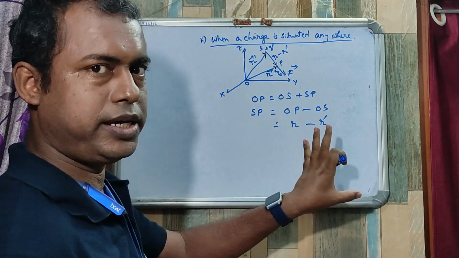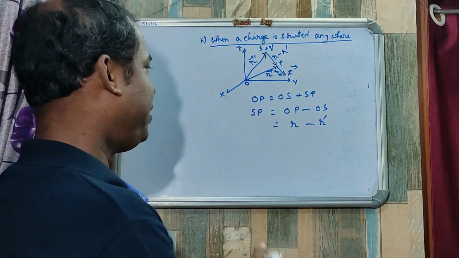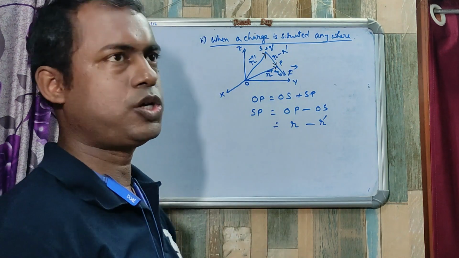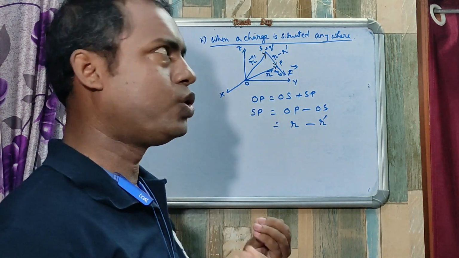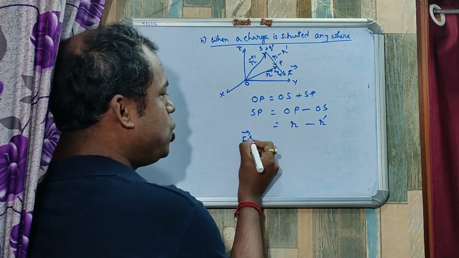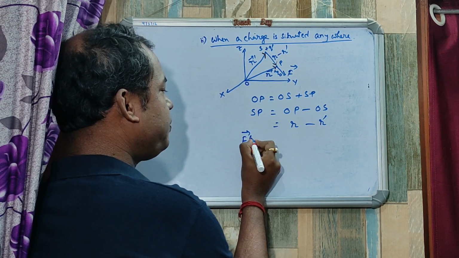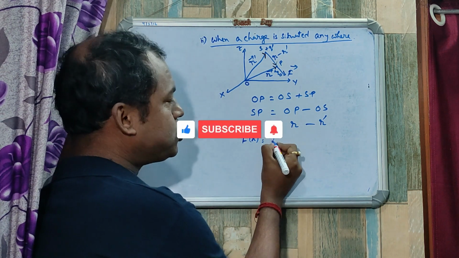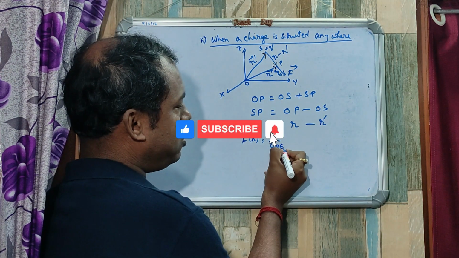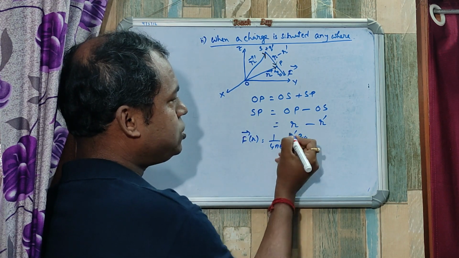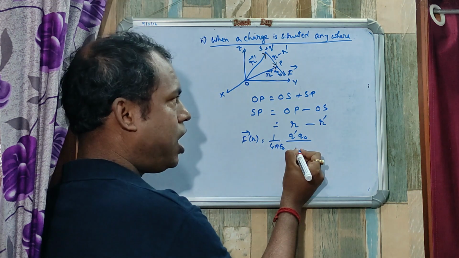Okay, now it is clear. Now again we come back to the force between the test charge and the source charge. Obviously these are charged bodies, so Coulomb's force is generated. The force is repulsive in nature, so F equals 1 by 4 pi epsilon naught, Q dash Q0 by r square.